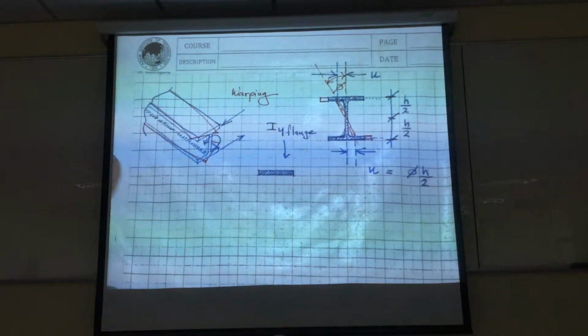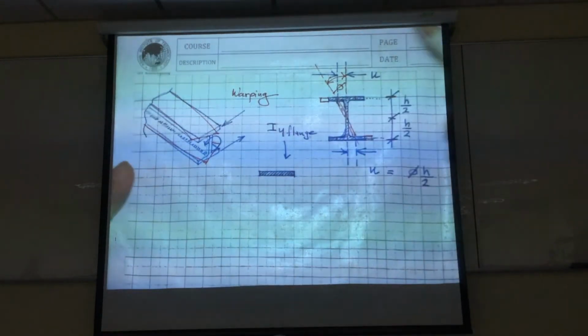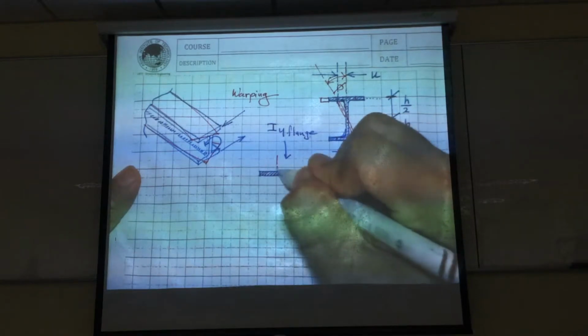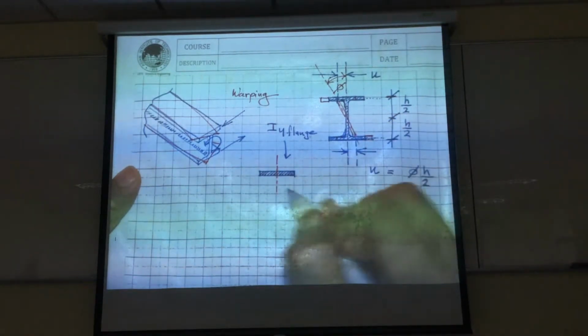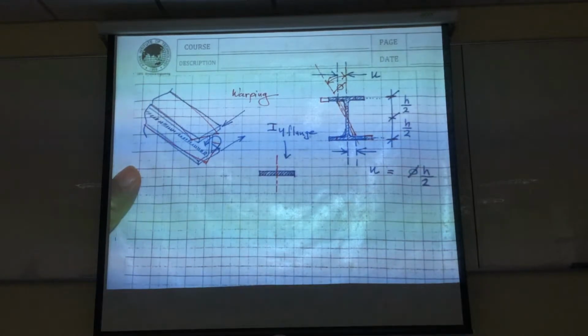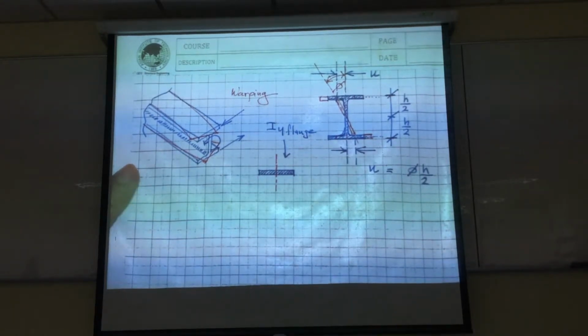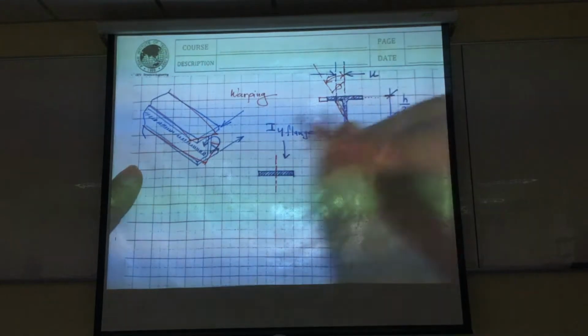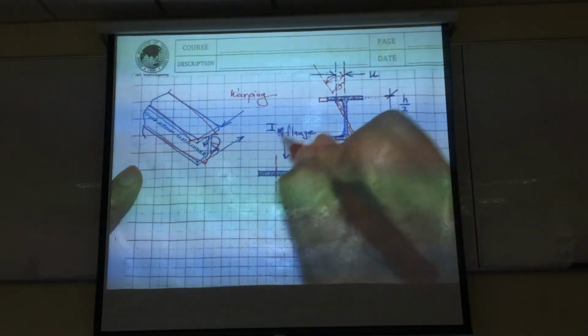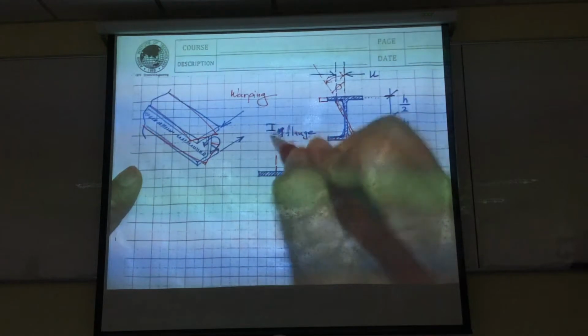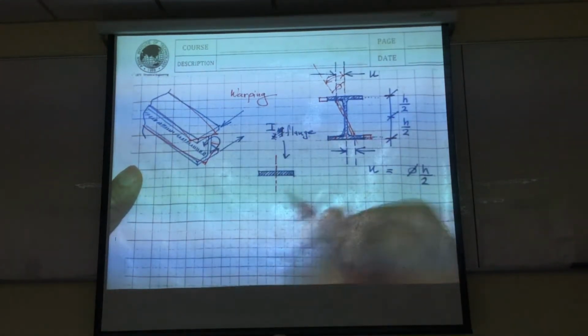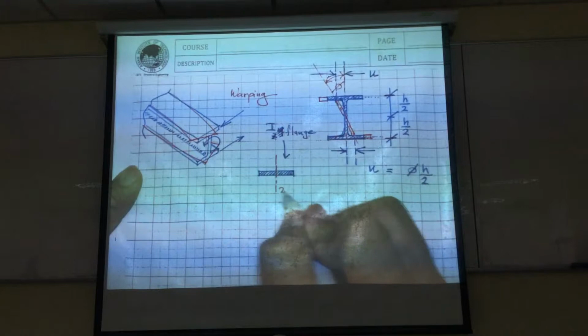One flange, okay, alone. And then you take this is the C axis. Last time I used C, right? So it has to be the C to be consistent with last time derivation. Okay, this is the C axis. So this is the C vertical axis.